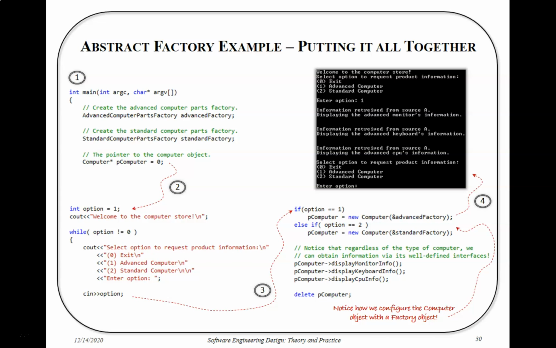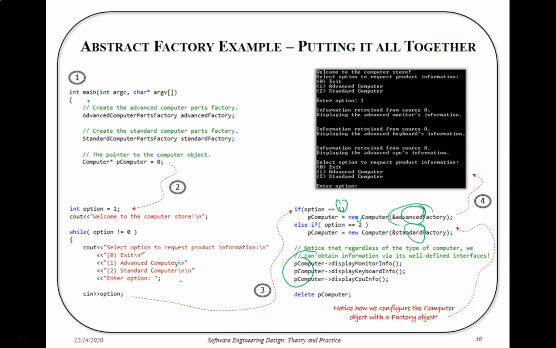This is the main program. It gives the option, and then it will pass the parameter here. If the user chooses 1, it will pass the advanced computer; if the user chooses 2, it will pass the standard computer. Then it will print computer display, monitor info, display keyboard info, display from the computer client.